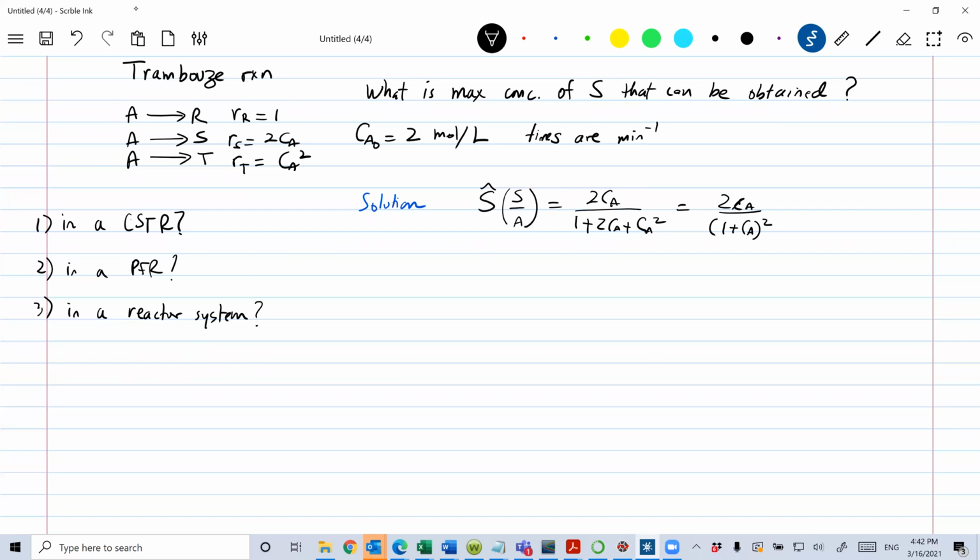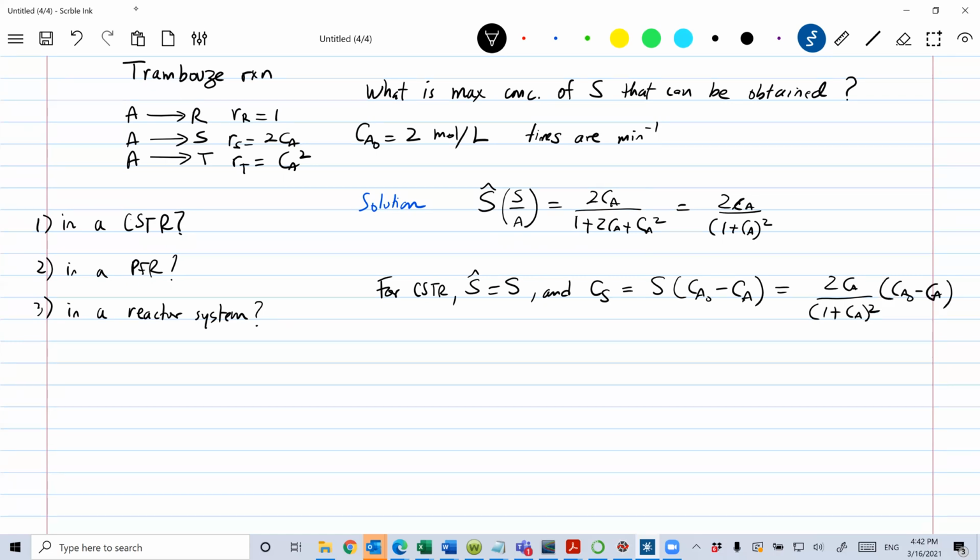Now for CSTR, S hat is equal to S, and CS, this is concentration of S, is S hat times Ca naught minus Ca. So that is 2Ca over 1 plus Ca squared times Ca naught minus Ca.